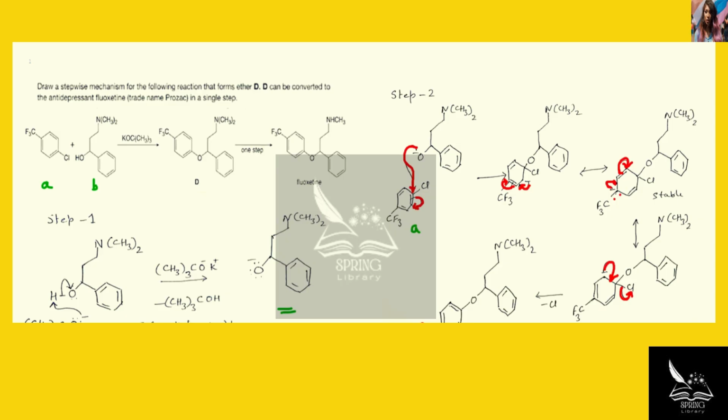So this is your D compound finally formed. It is not visible here, but the same structure is formed after this last but one step by losing one chlorine. Once the D is formed, after that just by one step we can get the antidepressant compound.